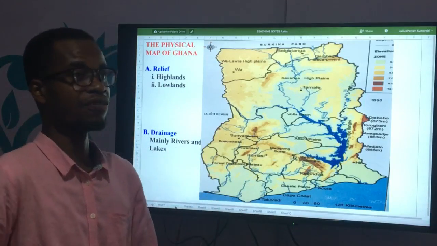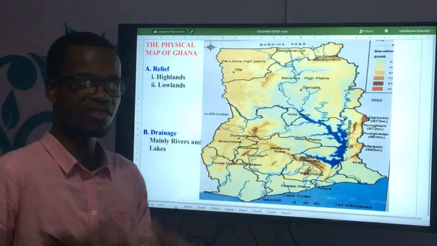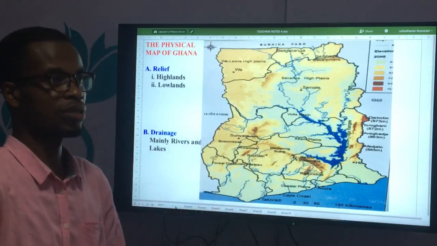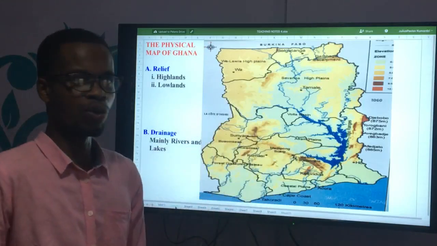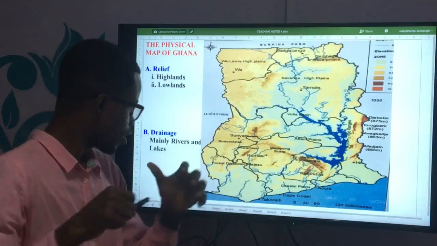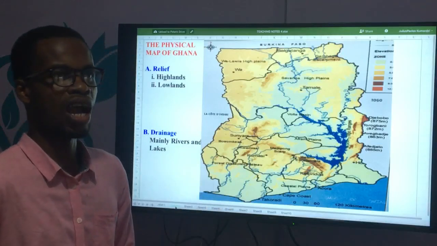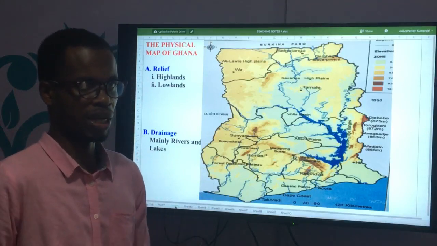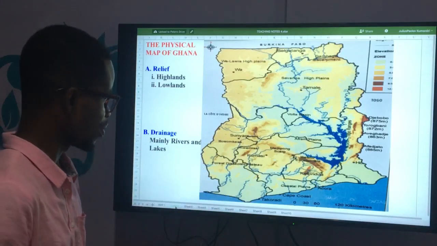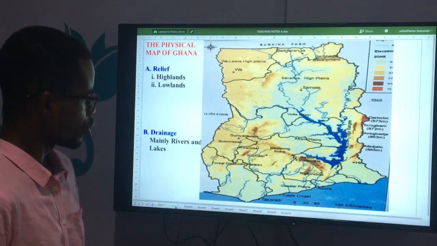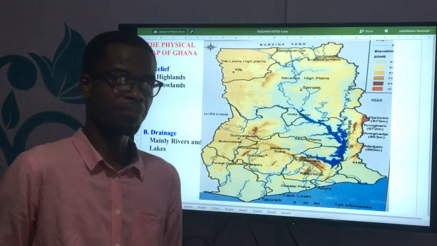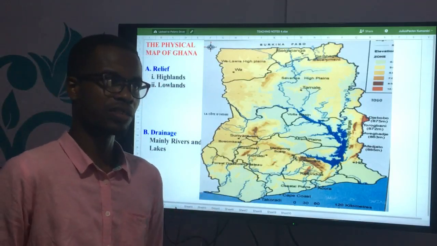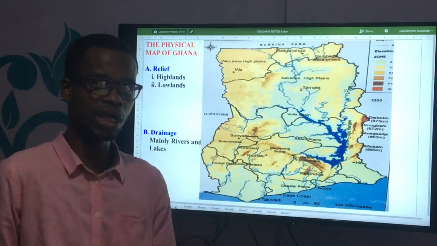Generally, when we talk about drainage features, we are referring to rivers, lakes, and other water bodies. But on this map, we will focus more on the rivers and the lakes that are found in Ghana. They are so popular. So on a map, take note, rivers are represented with blue color.